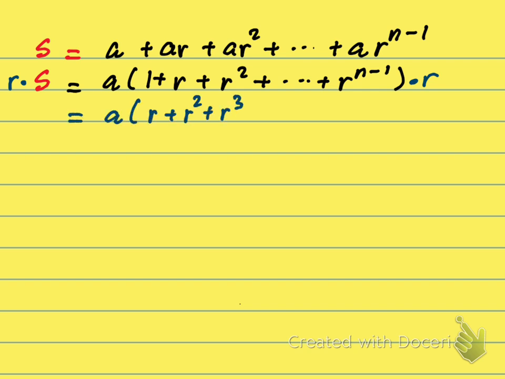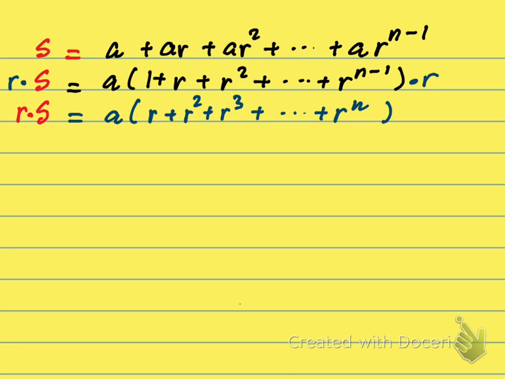Then on the right side, we will distribute the r into each of the terms in this parenthesis to make it r plus r squared plus r cubed up to r to the n, multiplied by a. And the left side is still just r times s.